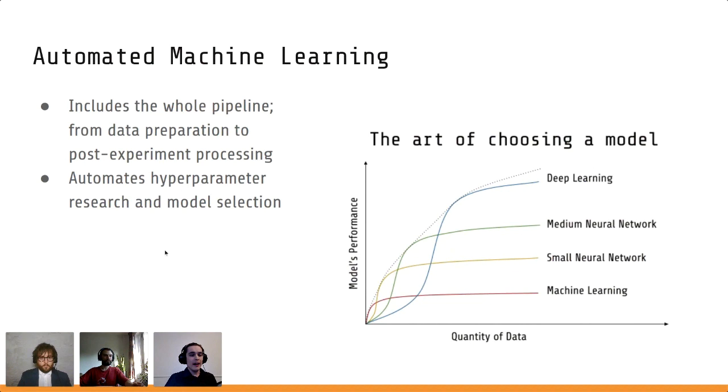So here at the right, we can see a chart. Basically, as you increase the quantity of data, you could probably get more performance out of your predictive algorithm if you use a more complex model, such as a deep learning model. And this is one of the most important questions when choosing a machine learning algorithm, and it is very hard to answer.